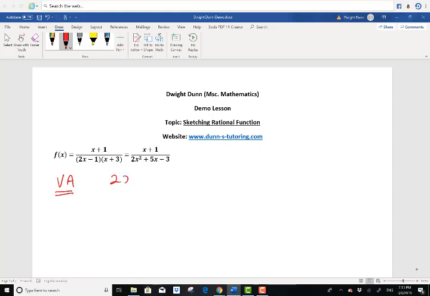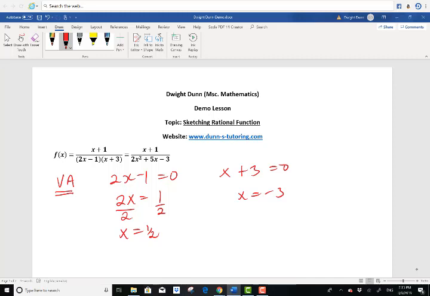So that's going to be 2x minus 1 equal to 0, and x plus 3 equal to 0. With that being the case, we have 2x equal to 1, divided by 2, I'm going to get x equal to a half, and I'm going to get x equal to negative 3. So these two represent my vertical asymptotes.